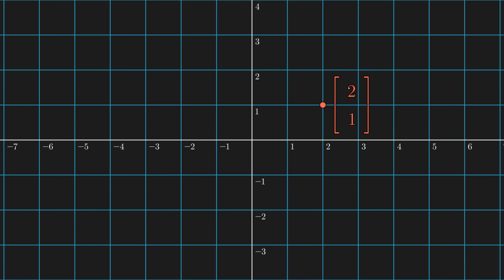So let's say there's a point in space, and you may say this point can be described as the ordered pair 2, 1. There is an implicit assumption we made, which is the choice of the coordinate system. Every point in this coordinate system can be described as a linear combination of the basis vectors. Now, what if we translate the coordinate system 2 steps right and 2 steps up?